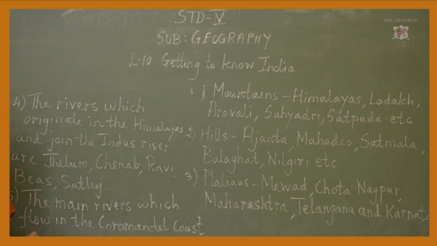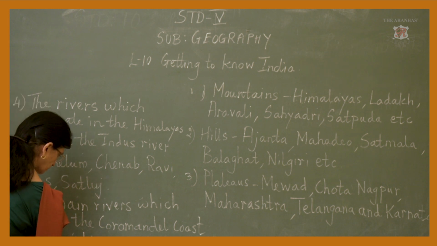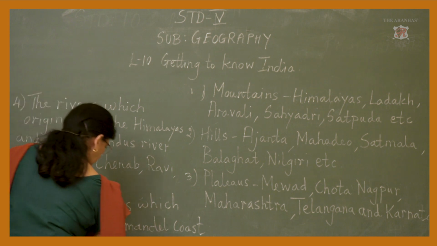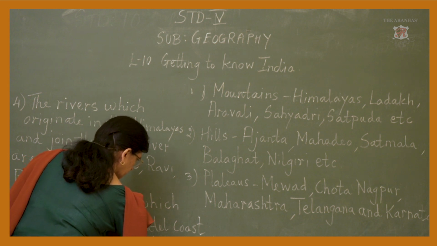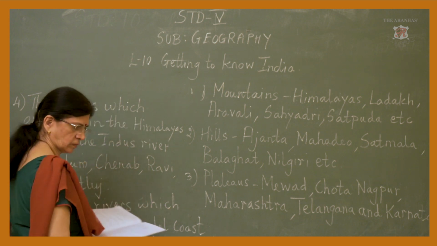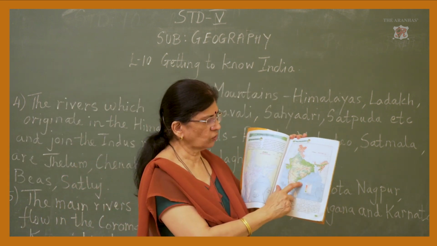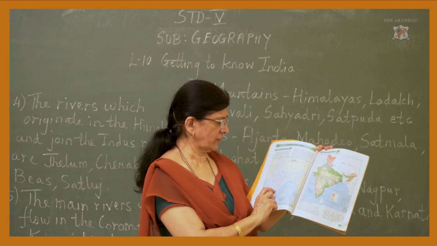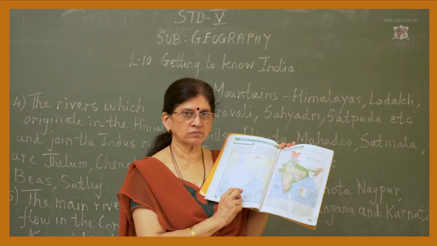They are Kaveri, Krishna, and Godavari. So we have these three rivers flowing into the Coromandel. This is the Coromandel coast. Here you can see, these Kaveri, Krishna and Godavari flow into this Coromandel coast.